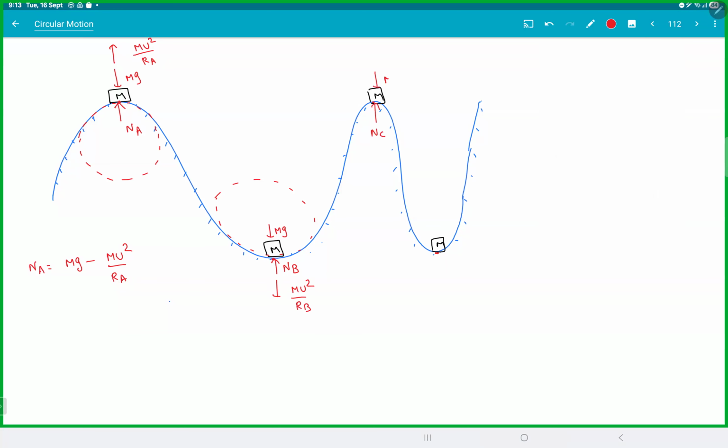NC, mg, this is your radius of curvature, which is mu square by RC. So you can clearly notice here, whenever you're going down the valley, the centrifugal force and mg will act in the same direction. When you're going up the hill, the centrifugal force and mg will oppose each other.